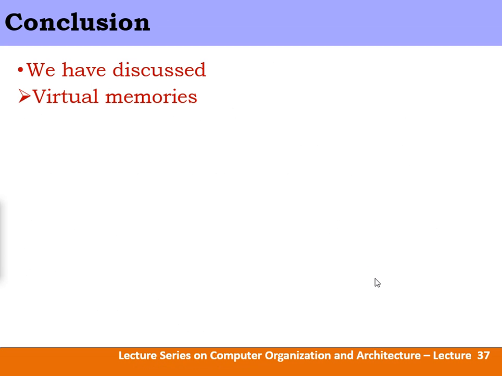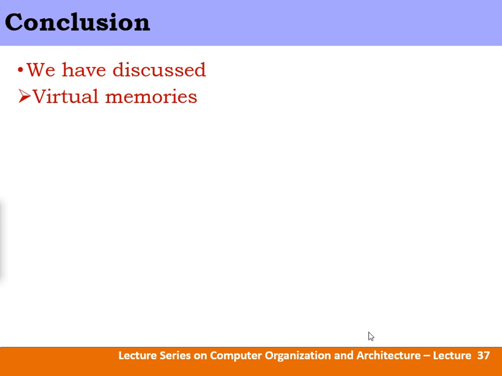So the conclusion is we have discussed virtual memories in this lecture. Virtual memory is going to increase the size of the memory system. With the help of the memory management unit, we can convert the address generated by the processor, that is the logical address or virtual address, to the physical address.